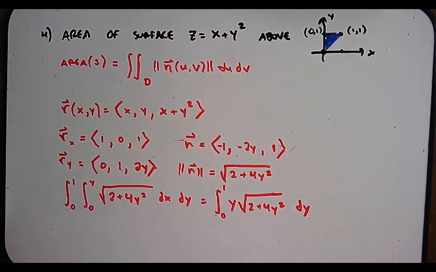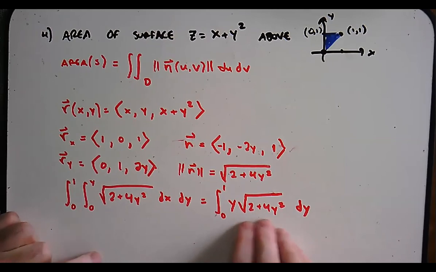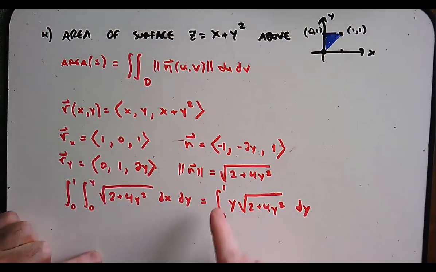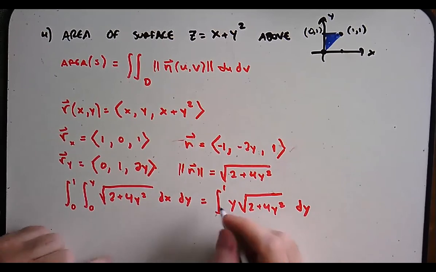Okay, so just because we're running out of room, I'm not going to show all the u substitution steps. But if we imagine our antiderivative as being something related to 2 plus 4y squared to the 3/2 power, we can imagine what coefficients we'd want here. So we'd have 3/2 that would come out in front, and then we would also have an 8y that would come out in front. So we'd have 3/2 times 8y. That would be ideal for what we have here.